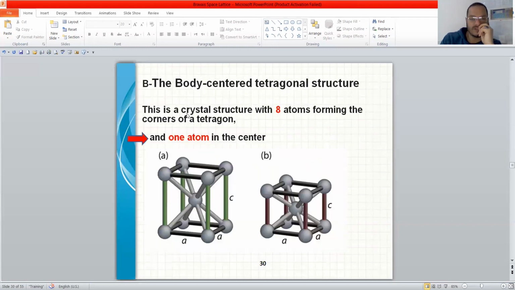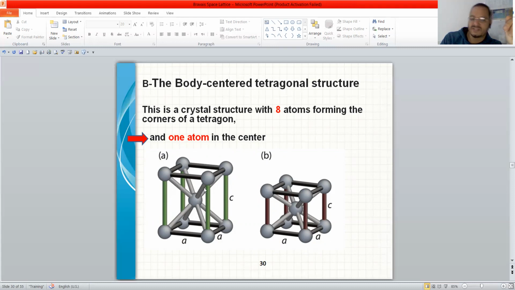Now let's illustrate the body-centered tetragonal structure. This is a crystal structure with 8 atoms forming the corners of the tetragonal, like I said before, and 1 atom in the center. Here, with another atom in the center, we have 2 situations.